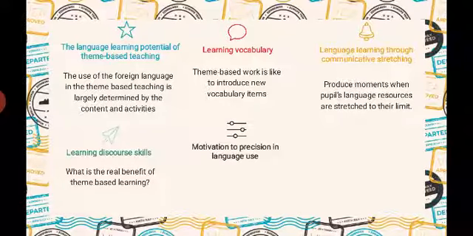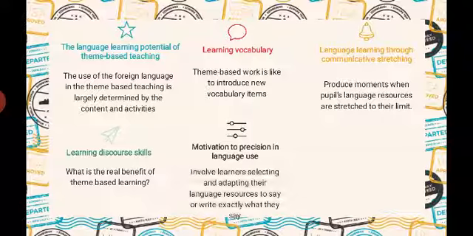So next we have motivation to precision in language use. It may raise the question, what is motivation to precision in language use? It involves learners selecting and adapting their language resources to say or write exactly what they mean.